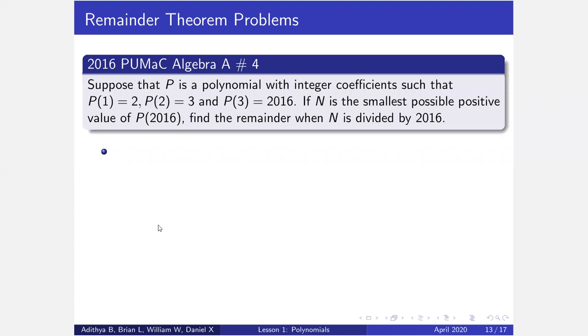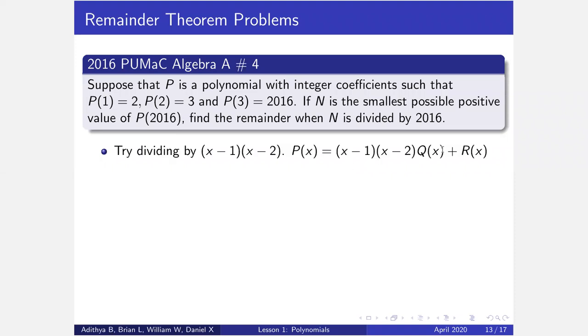So r of x is linear, remember that. Now if we plug in x equals 1 and x equals 2, x equals 1 gives p of 1, and p of 1 is 2. So we get r of 1 is 2.